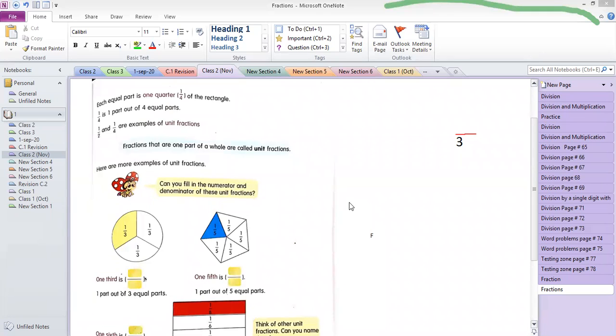Listen to my question carefully. I'm asking, can you tell me how many parts are shaded? This is the circle. Look, this is white, but this is yellow. So how many parts are colored?